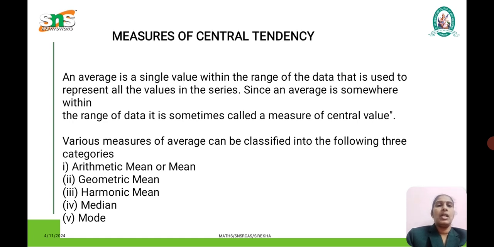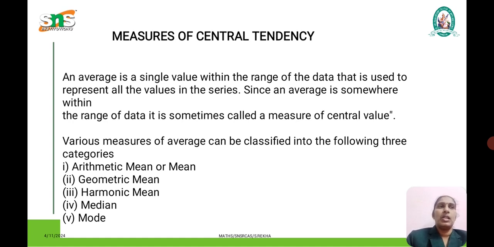So first we have to identify that there are three series: one is individual series, discrete series, and another one is continuous series. Individual series is nothing but when you want to find the average for individual data. For example, if you got marks in +2, you have to know the percentage.